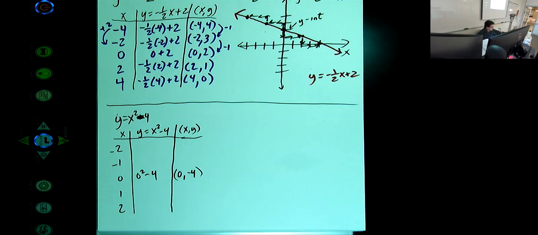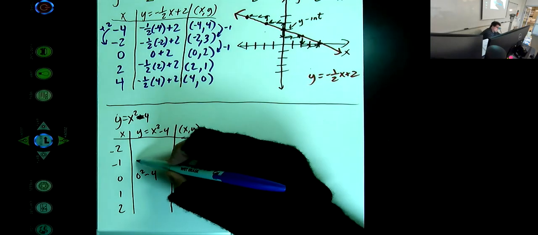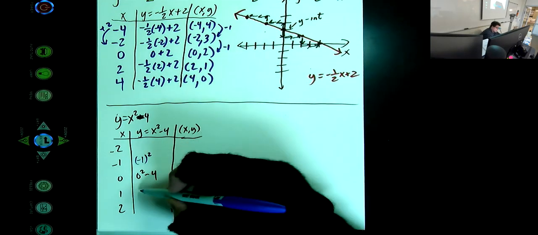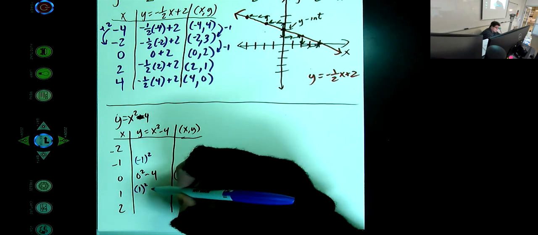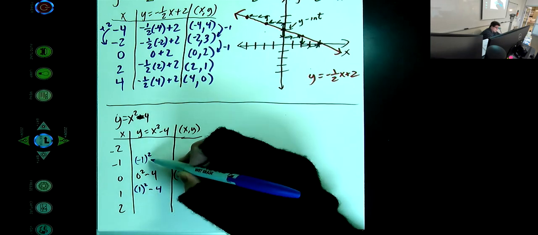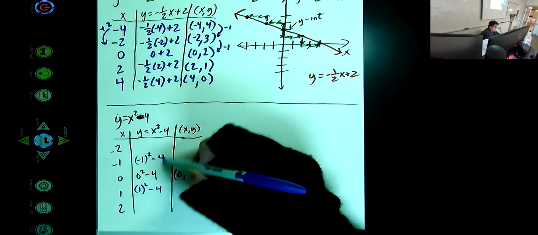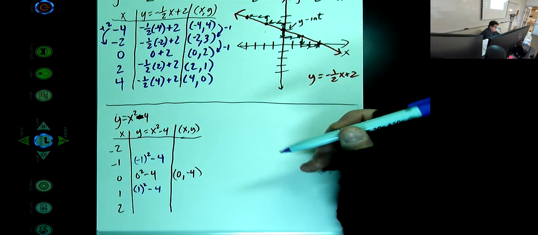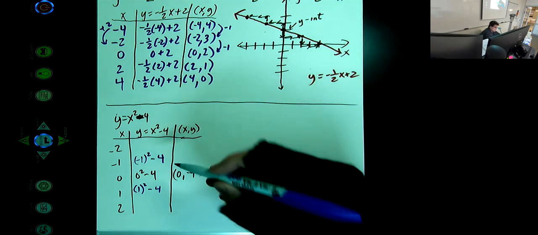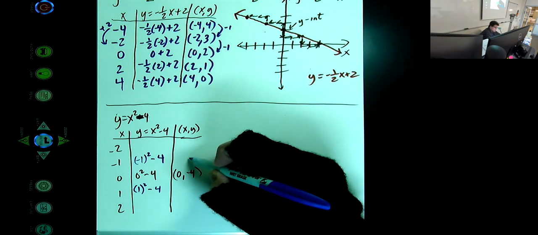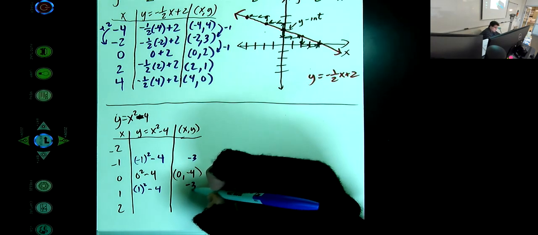The convenient thing with the square functions is that whether I stick in -1 and square it or +1 and square it, the outcome is going to be the same, at least with this setup. 1 squared or -1 squared is 1, 1 minus 4 is -3. So -3 will be my y component.